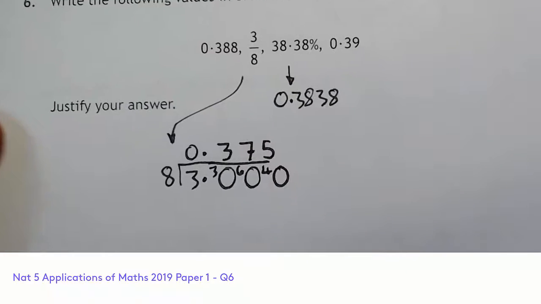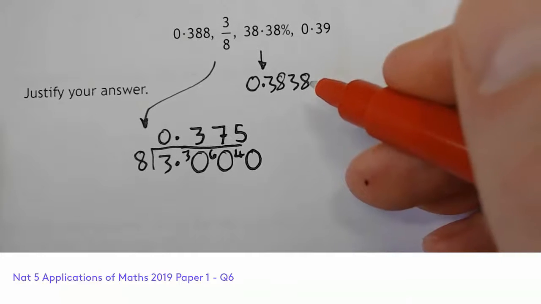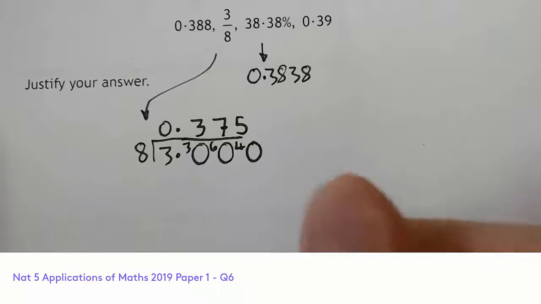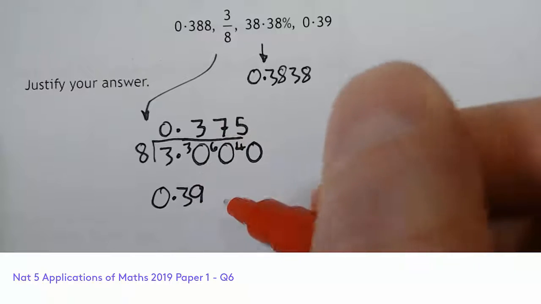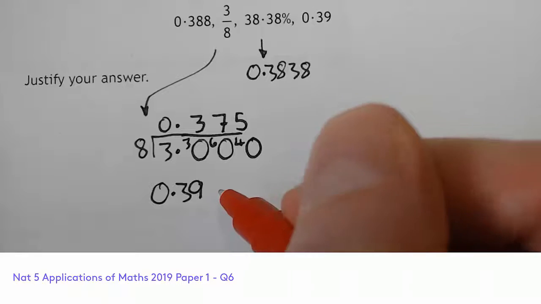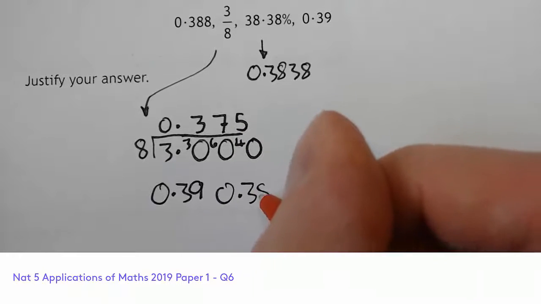Okay, and there's a couple of wee videos that explain it a wee bit better. Right. So we've now got everything that we're needing, so it's to go from the largest, or the greatest, to the smallest. So 0.39, that's the largest. We then have 0.388.